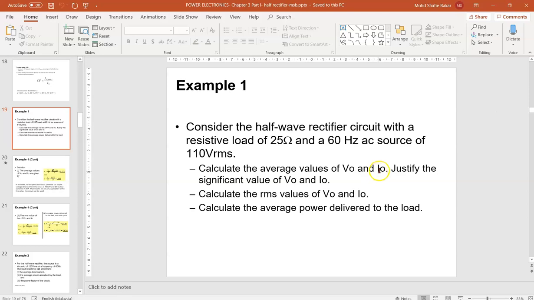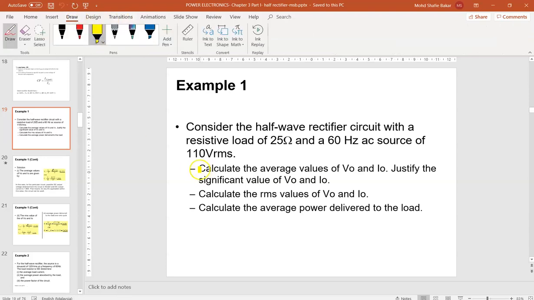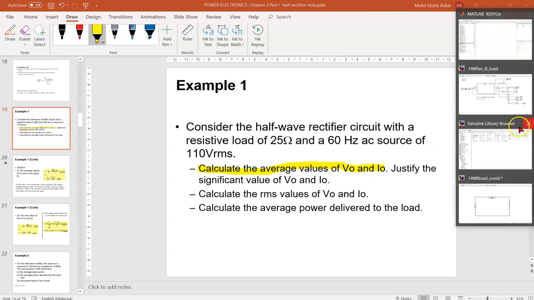The question asks to calculate the average value of V out and I out. We will do the first part of the question, to calculate the average value of V out and I out of the system.